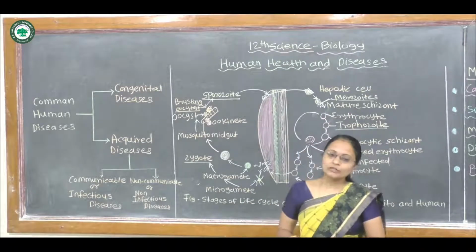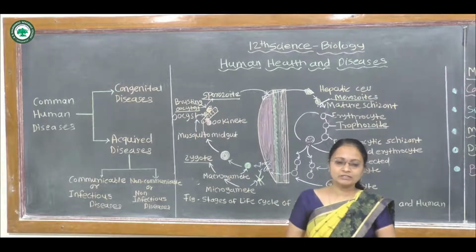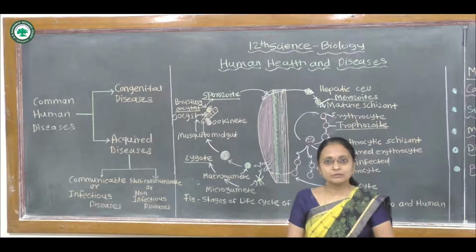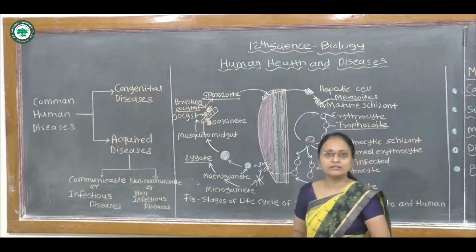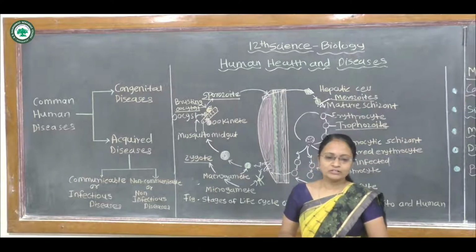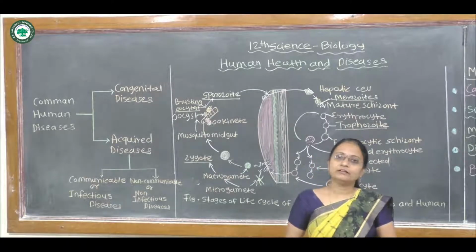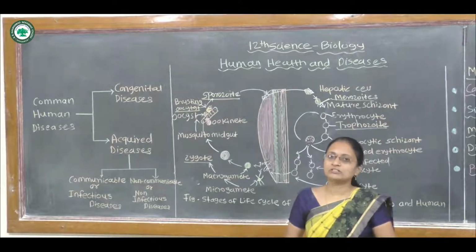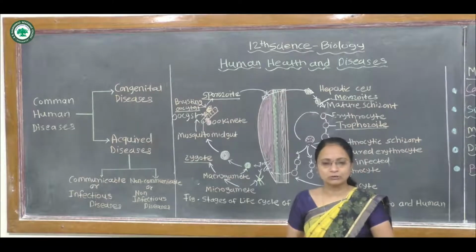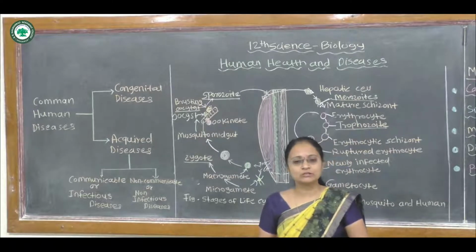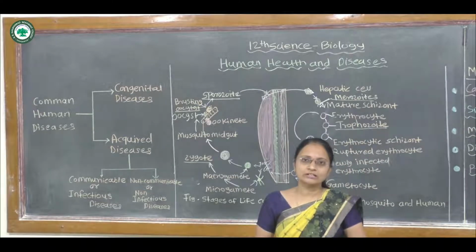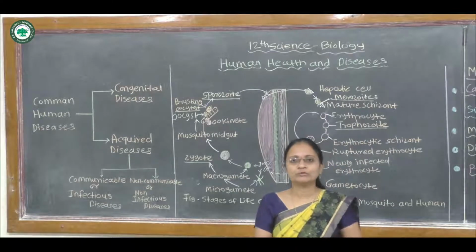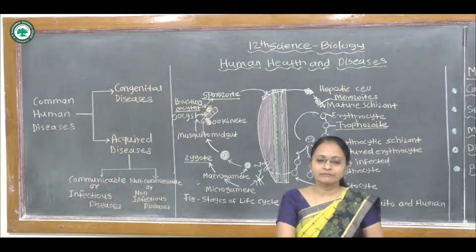Okay. Now, communicable diseases may be transmitted with the help of bacteria, viruses, fungi, helminths, and different types of worms. All these disease-causing agents are called pathogens. These pathogens use another organism to transmit to human beings, and these are called vectors.